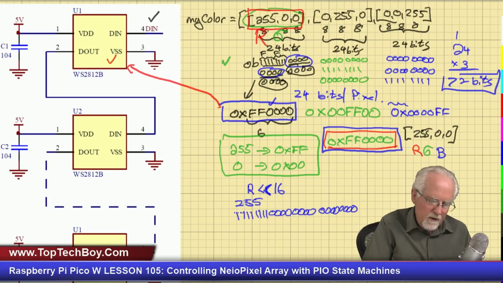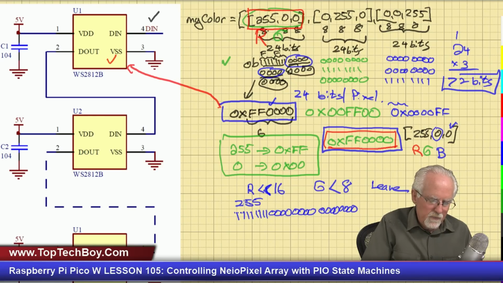Now, what do I want to do with the next one, which is the green? I want to shift it to the left by 8. And what do I want to do with this one, the blue? I just want to leave it.